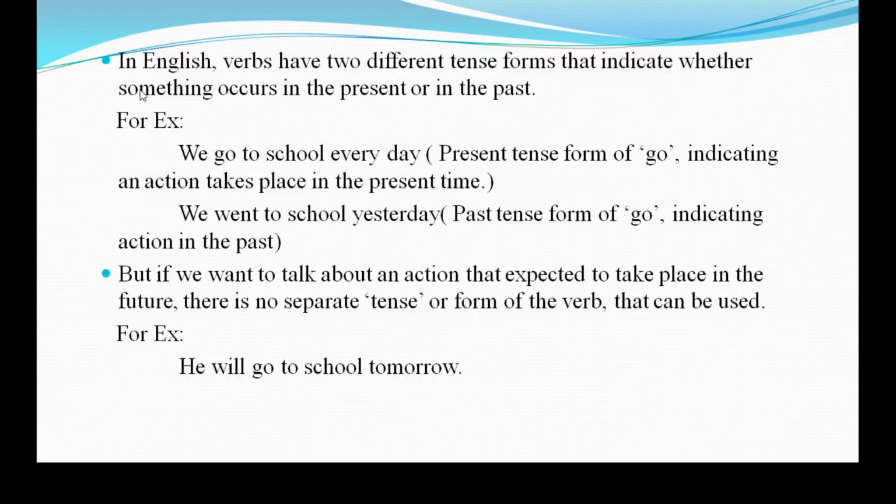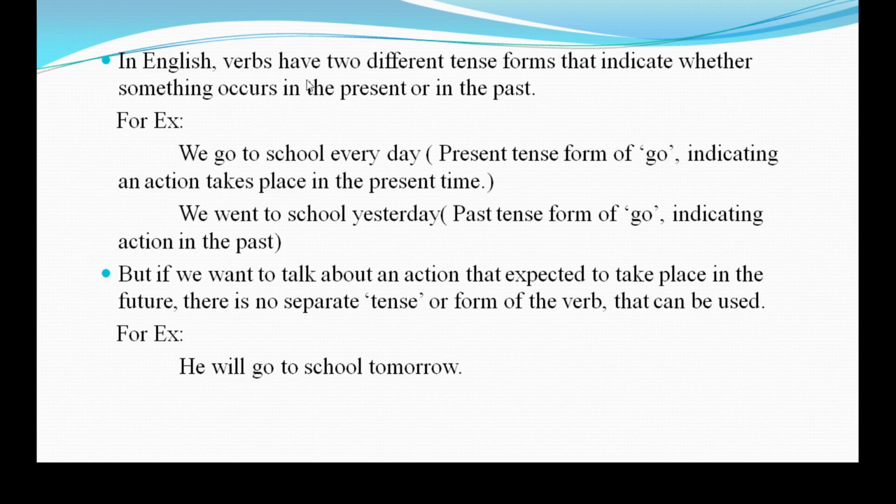In English, verbs have two different tense forms that indicate whether something occurs in the present or in the past. As I said earlier, verbs play a key role. Based on the verb form, we can understand whether the sentence is in the present or in the past tense.